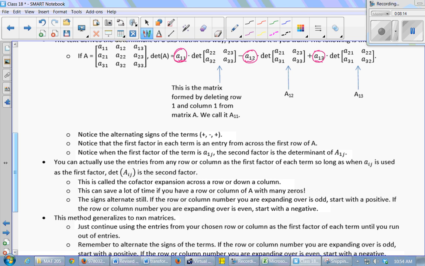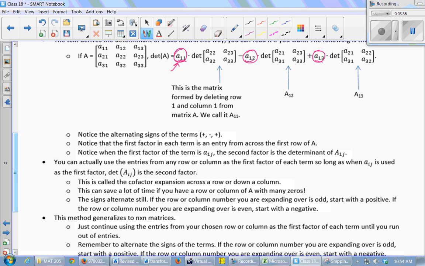It can save you a lot of time if you happen to have a row or column of A that has a lot of zeros in it, because whenever these guys are 0, the whole term drops out. The signs still alternate, but it doesn't always start with a positive.